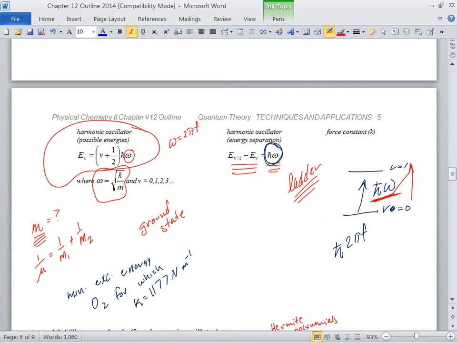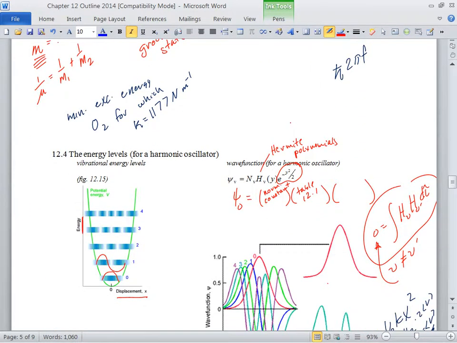Notice the difference between zero-point energy and this h bar omega thing. h bar omega is this, every single time, right? And when they want zero-point energy, they're asking for this guy right here.